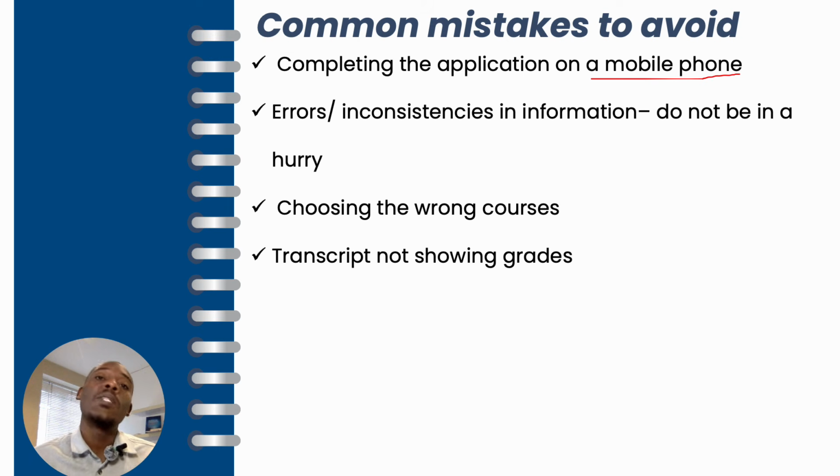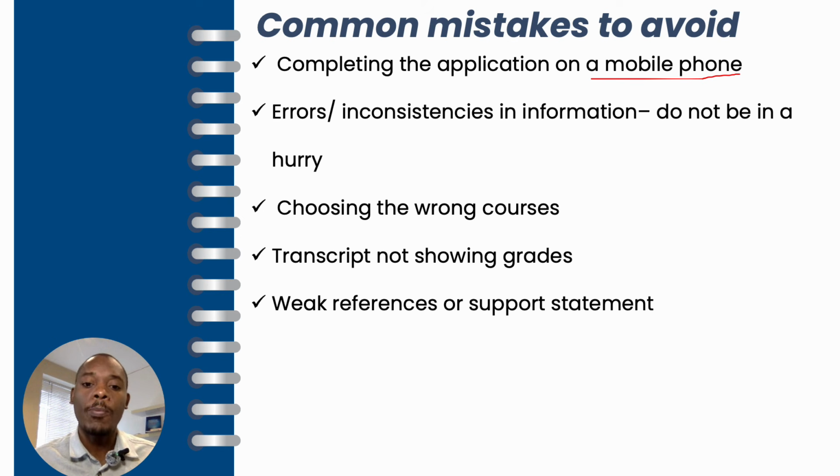The transcript, as you have seen from the selection criteria, is that transcripts are primary indicators. So you need to ensure that your transcript is showing the grades, the percentages that you obtained, because that is very important as a primary indicator. If you submit transcripts that do not show the grades, then you are disadvantaging yourself. Weak references, like I've mentioned, a weak reference or a weak support statement is also a primary indicator.